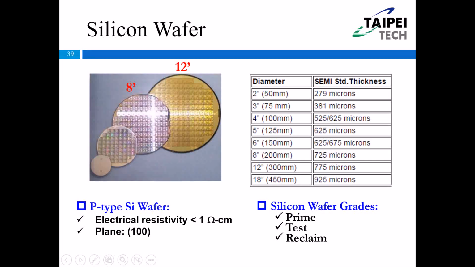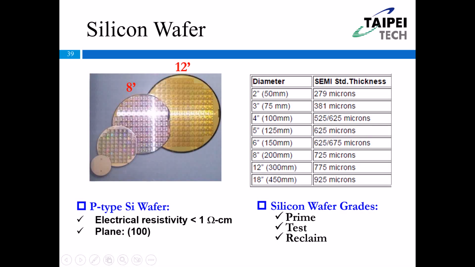So P-type 100 plane can make sure the performance is better than the other choices, okay? And they also need to make sure the electrical resistivity is under, or maybe I cannot be 100% sure the resistivity is the same as the textbook right down here, but we can just refer to it. We know it's a regulation, we need to follow it, okay?